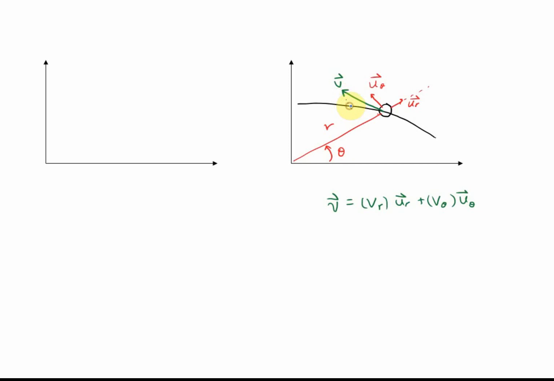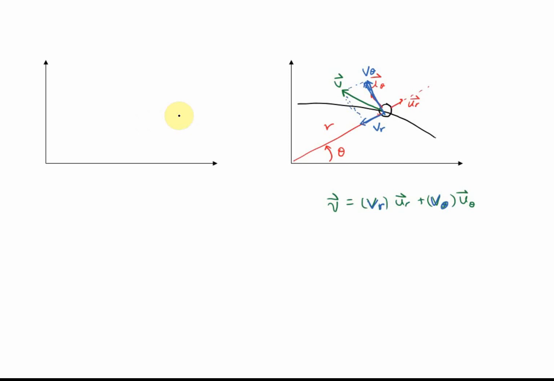So if I break down along the radial direction, it's like that. This should be the radial component of your velocity, and if I break down here, this should be the transverse component of your velocity, right? So this one is v r and v theta, each component along each unit vector.